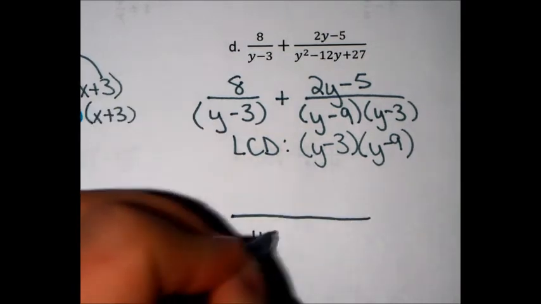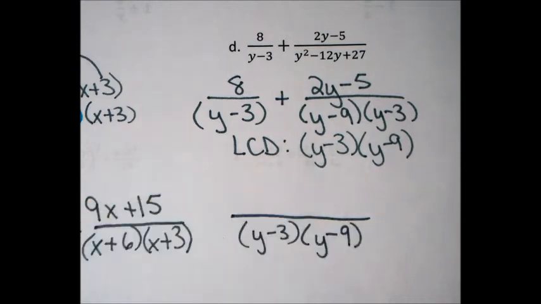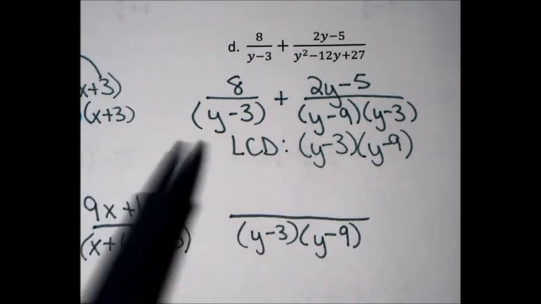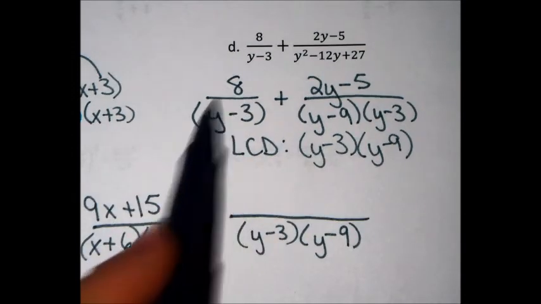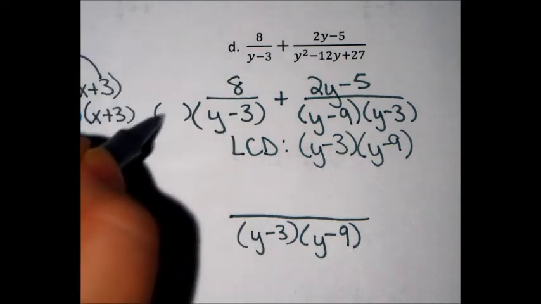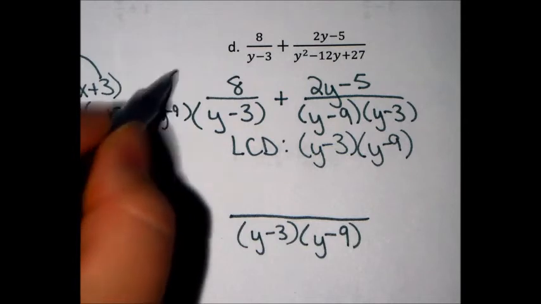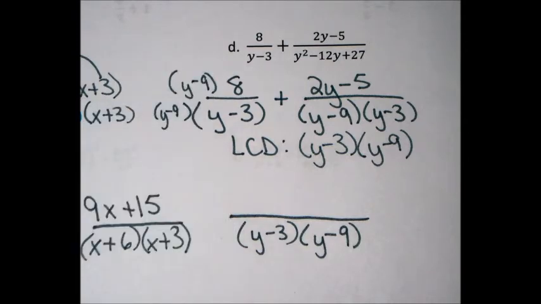So I know when I add them together that I will have y minus 3 and y minus 9 in the denominator. For this one, it's missing a y minus 9. So we're going to multiply the top and the bottom by y minus 9.